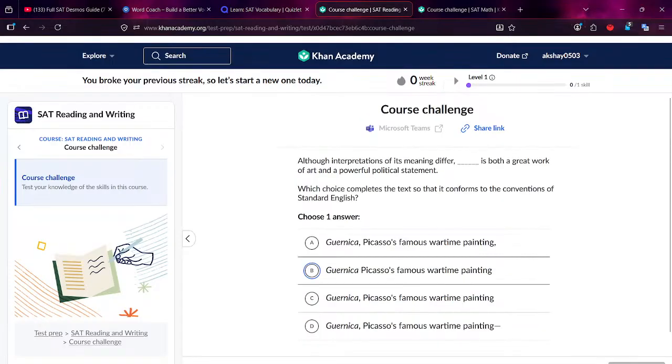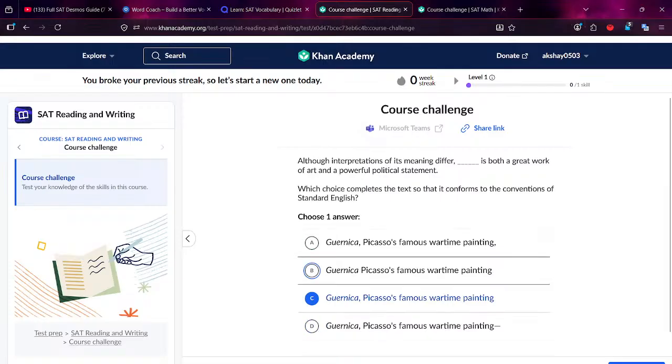Although interpretations of its meaning differ, blank is both a great work of art and a powerful political statement. Oh, Guernica, Picasso's famous painting here. So, although interpretations differ, Guernica, Picasso's famous wartime painting, is both a great work of art and a political statement. The last option is incorrect because if you have an ending hyphen, you need a starting hyphen, and there's none here.